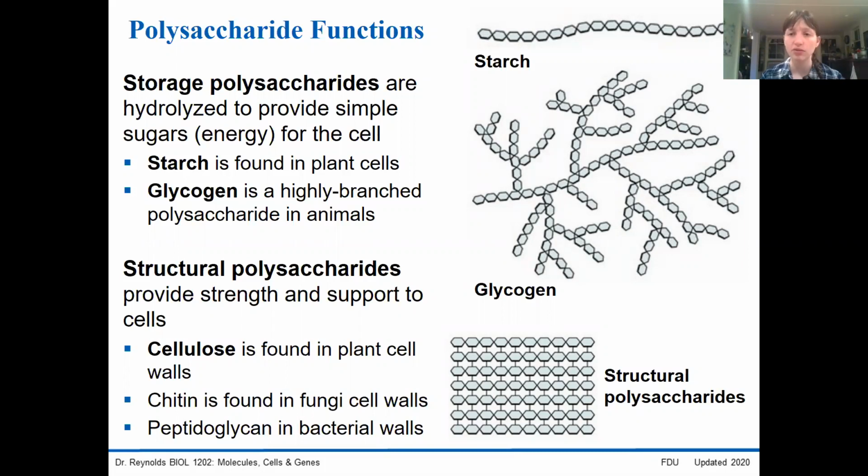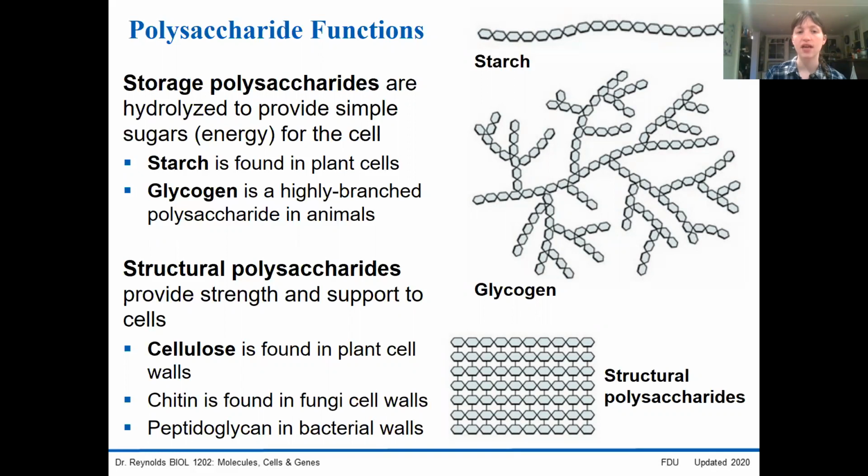Well, plants don't need quite as much energy as we do. For example, when you're running around your room, getting out of the house, these are all going to be things that require a lot of energy. Animals are very, very energy hungry. And so our storage polysaccharides have a structure that supports that function.